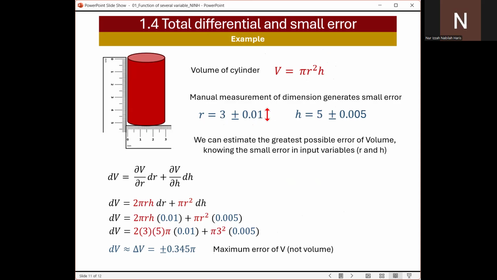The upper value now is 3 plus 0.01, that is 3.01, for r, and for h it is 5 plus 0.05, which is 5.05, and then that volume will be the highest volume of the cylinder that you can get. This is just the error, not the volume.